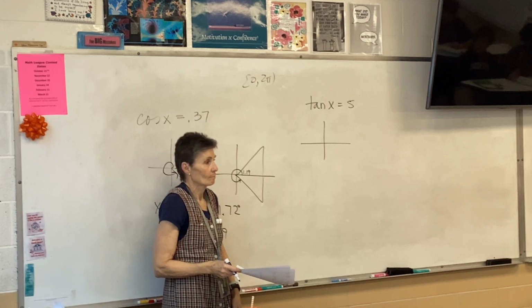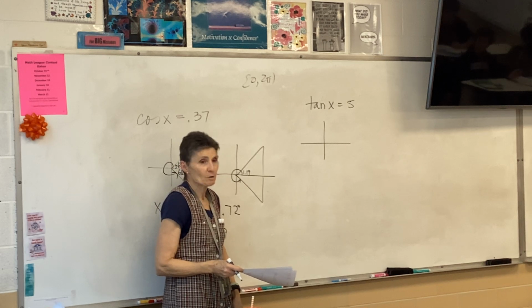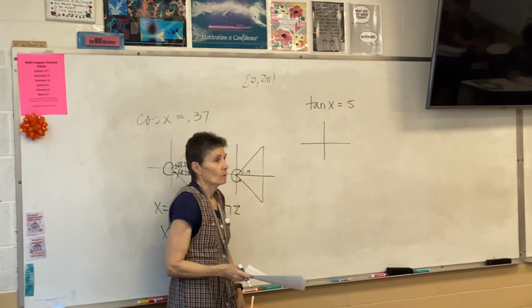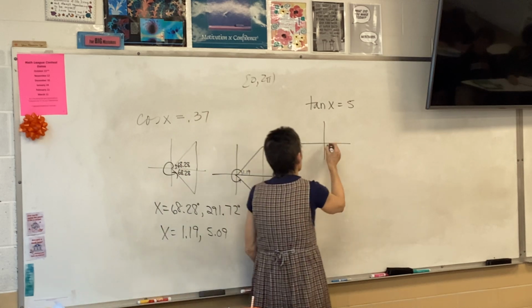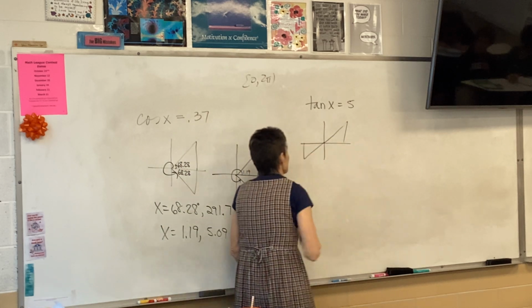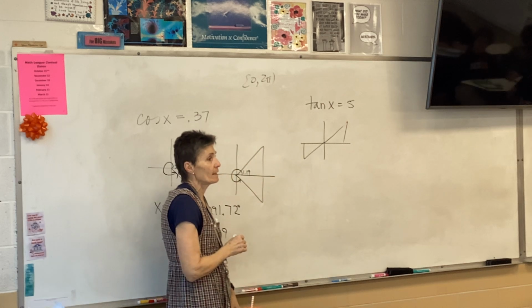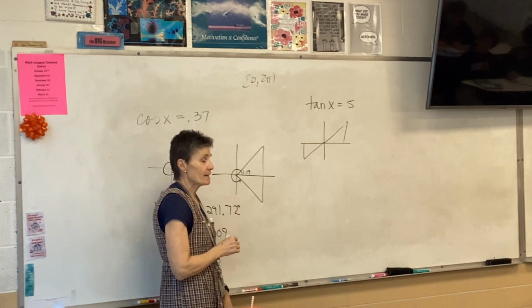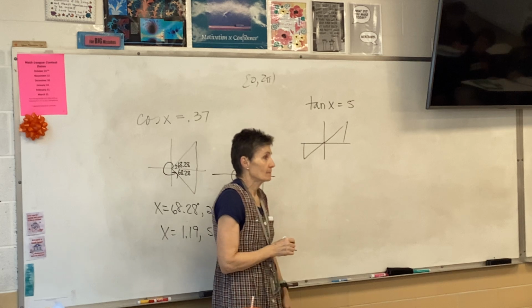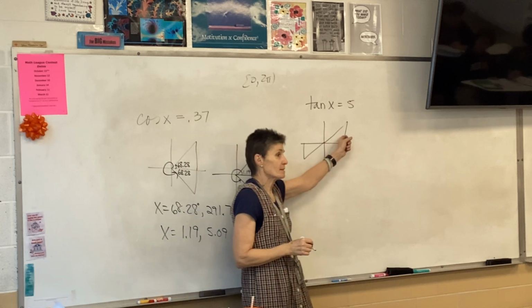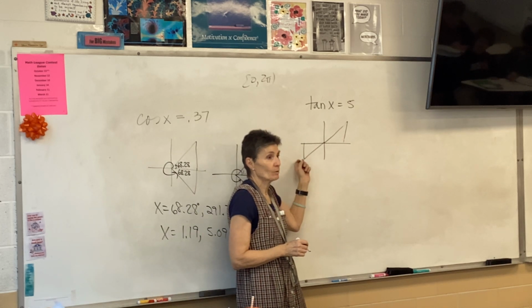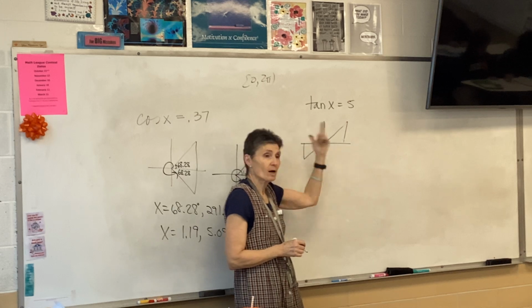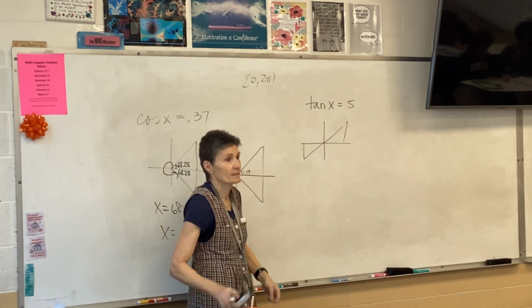Where's tangent positive? 1 and 3. So your answers this time are gonna be in 1 and 3. Tangent is y over x. Here, they're both positive. Here, they're both negative. Any other combination is not going to come out positive.